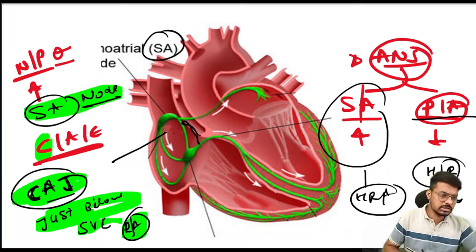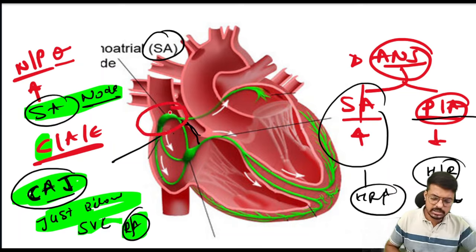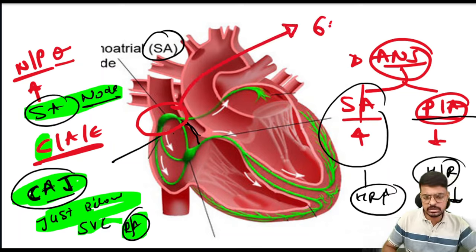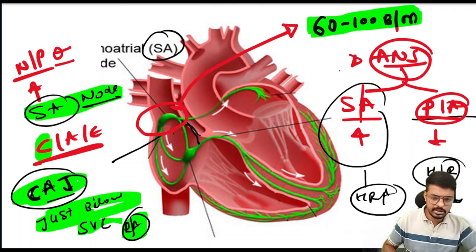The next point is the rate at which it generates impulses. The SA node's rate of generation of impulses is 60 to 100 beats per minute. It is very important. Because of this rate, our normal heart rate is also between 60 to 100 beats per minute.